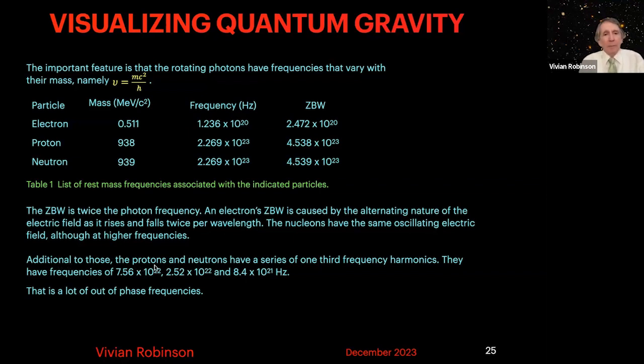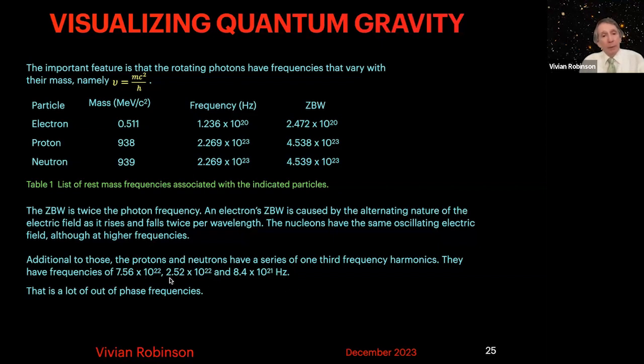Additional to those, the protons and neutrons have a series of 1/3 frequency harmonics, and they have frequencies of 7 times 10 to the 22, 2 times 10 to the 22, and 8 times 10 to the 21 hertz. These are for the 1/3, 1/9, and 1/27th harmonic, respectively.